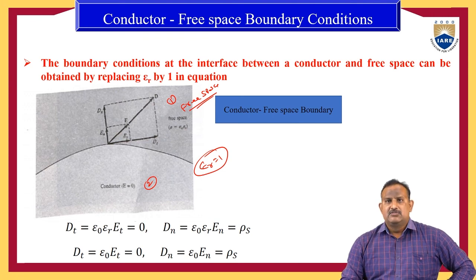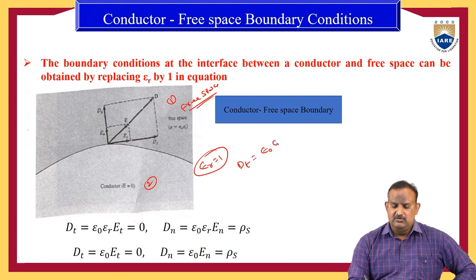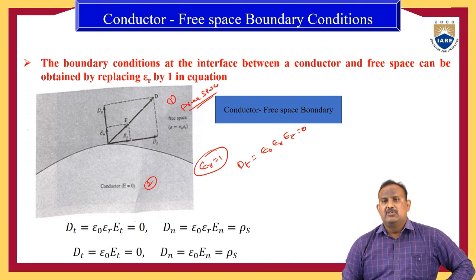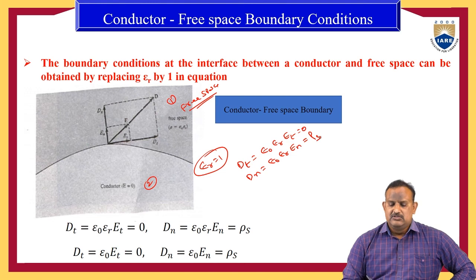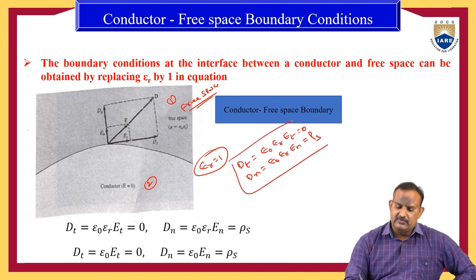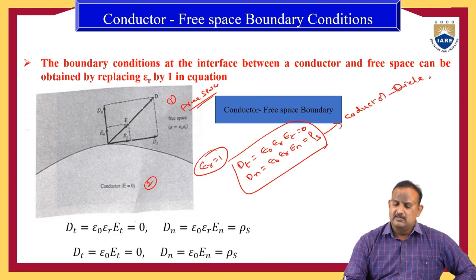Here we have Dt is equal to epsilon naught into epsilon r into Et, which is equal to 0. This is the first boundary condition. The second boundary condition is Dn is equal to epsilon naught into epsilon r into En, which is equal to rho s. These are the two boundary conditions for the conductor dielectric surface.